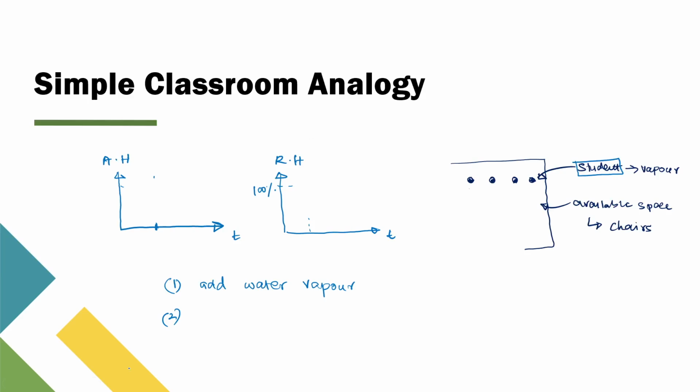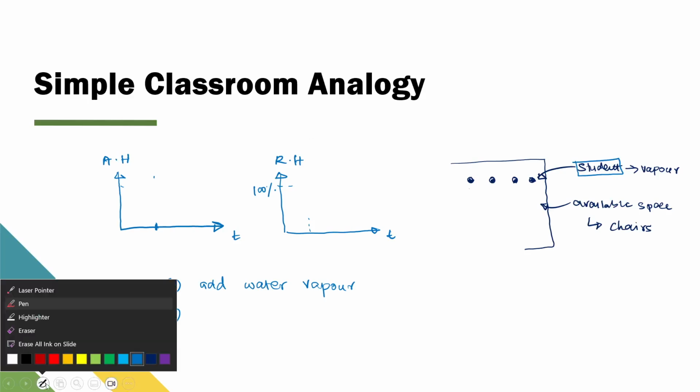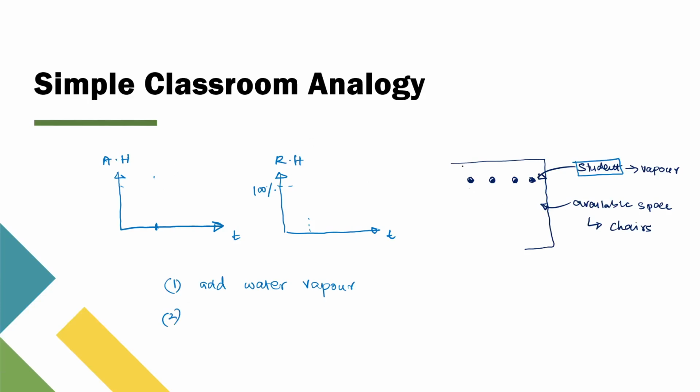To understand how temperature is going to affect RH or AH, we need to understand what temperature is going to change here. Is it going to change the number of students, or will it change the available space? We should understand what it is going to change.